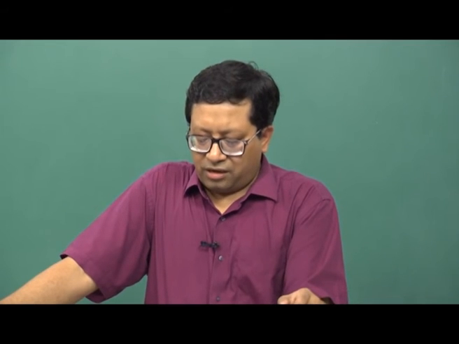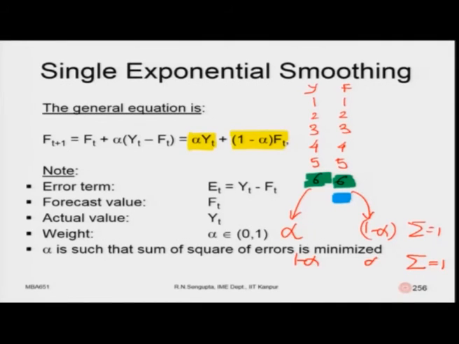So, here the error term is y t minus f t, which is epsilon as we write. The forecasted value is f t, the actual value is y t. Weights are given between 0 and 1 inclusive, and alpha is such that the sum of the squares is minimized.